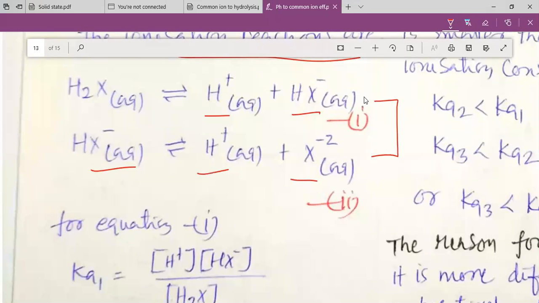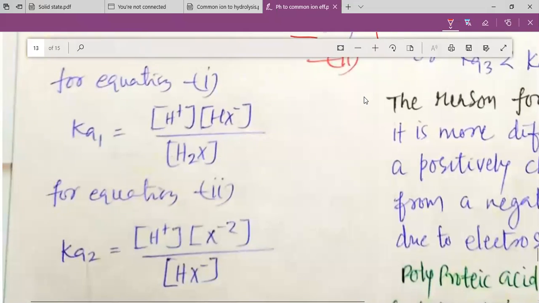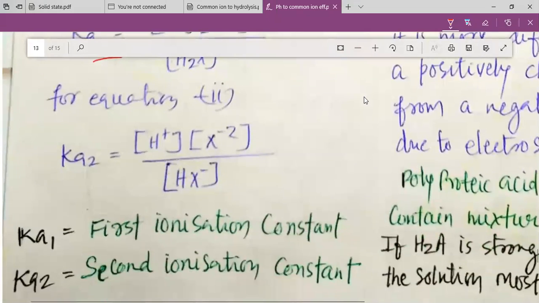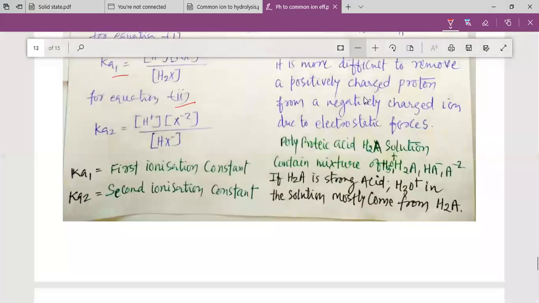So it is a two-step reaction, and we have two different reactions, reaction 1 and reaction 2. For reaction 1, we can write Ka1 is equal to the concentration of H plus multiplied by the concentration of HX minus divided by H2X. For equation 2, my dear students, we can write Ka2 is equal to concentration of H plus multiplied by the concentration of X minus 2 divided by the concentration of HX minus.